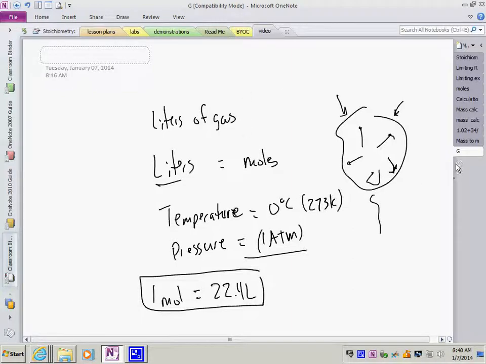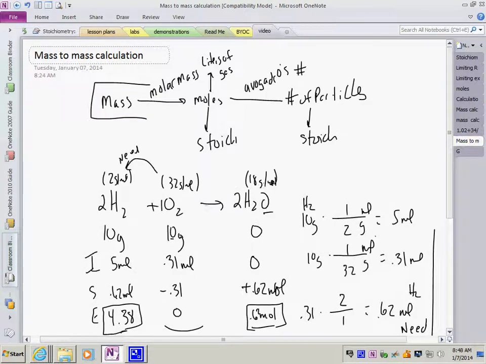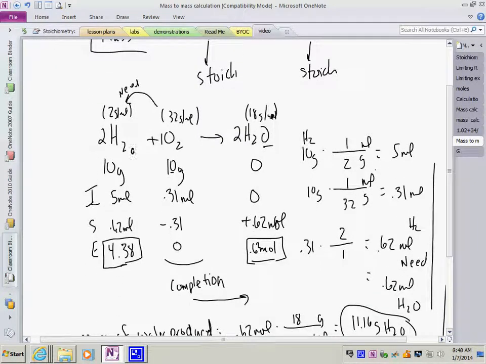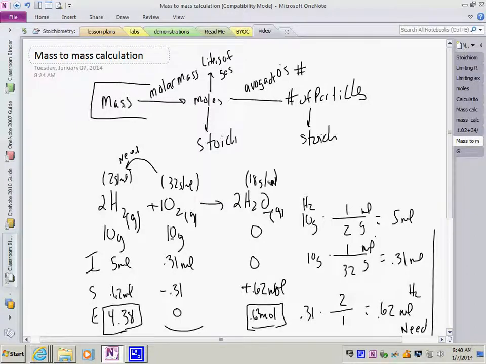Now, in my previous problem, if I were to list out, okay, this is a gas, this is a gas, and this is a gas, all of our mass to volume calculations have to be moved to moles first.